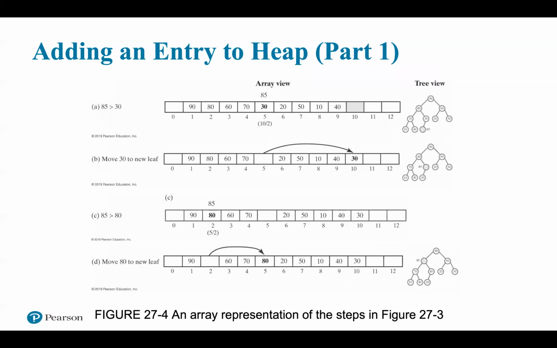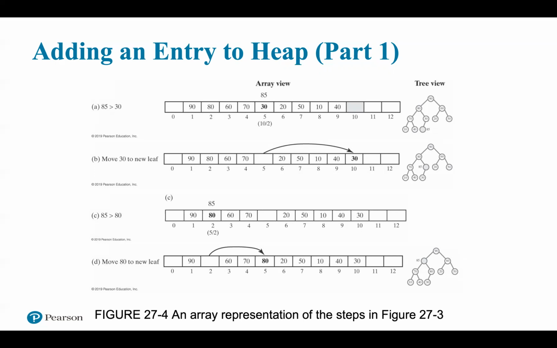Figure 27.4 shows these same steps from the viewpoint of the array that represents the heap. In part A, which is analogous to 27.3a, we note that we have room for a new entry at index 10. The parent of this location is at location 10 divided by 2, or 5. We thus compare the new entry 85 to 30, the content of the location at index 5.